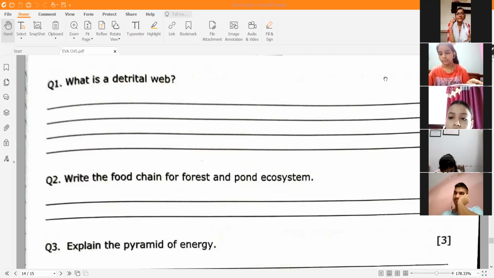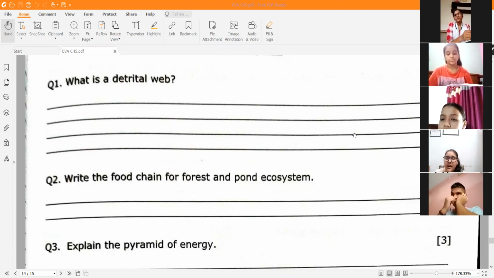Ma'am, in a forest, the plants are eaten by deer and the deer eaten by the lion. All right, fine, but this was a very small one. You could have thought of a larger one. At least when you are giving an example of a food chain, go up till tertiary. Don't leave it at secondary. Ishanvi, would you give me an example that has up till tertiary level?